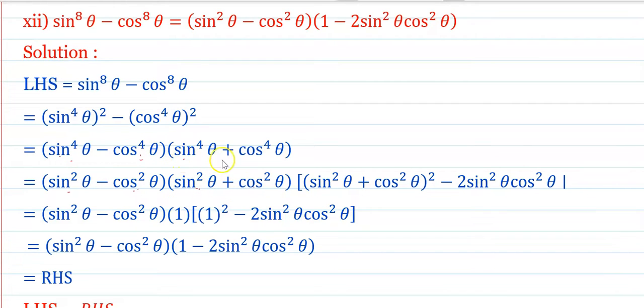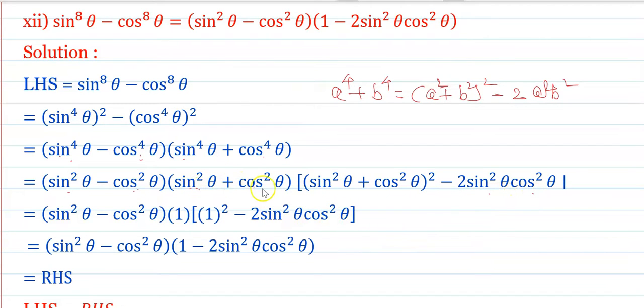Now sin theta raised to 4 plus cos theta raised to 4 can be written by using this formula, that is a raised to 4 plus b raised to 4 can be written as in bracket a square plus b square bracket square minus 2 times a square and b square. Okay. And therefore sin theta raised to 4 plus cos theta raised to 4 can be written as sin square theta plus cos square theta bracket square minus 2 times sin square theta into cos square theta.